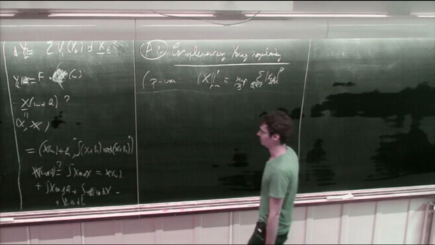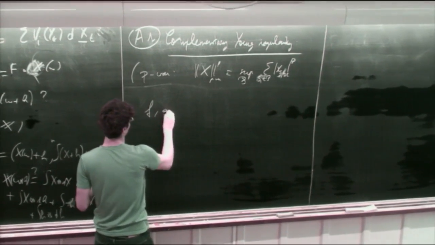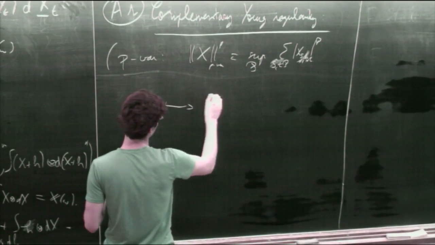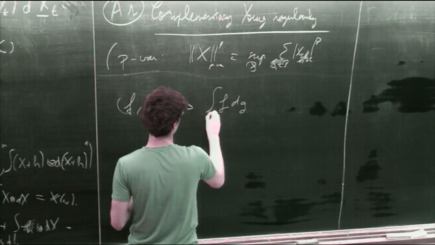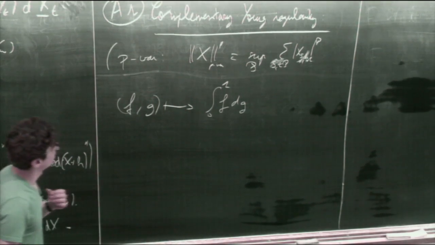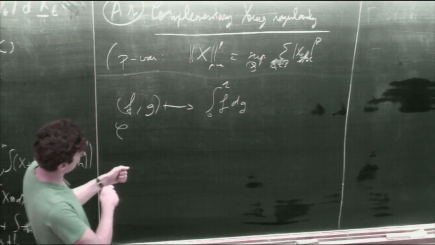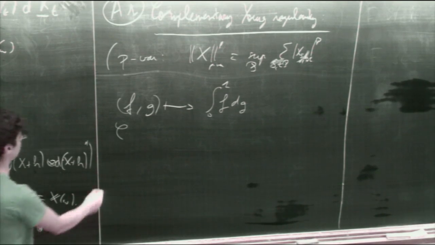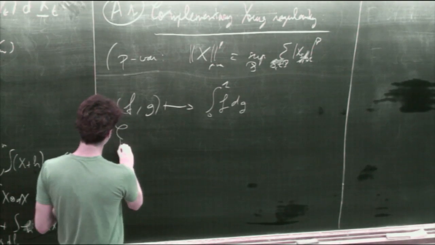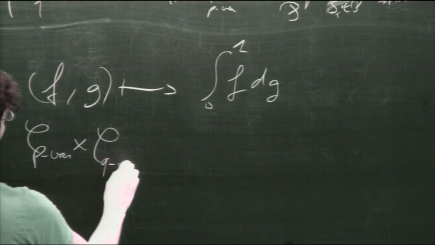Maybe Peter talked about this, but when you have f and g and you're trying to define the integral of f dg over 0 to 1, if you have Holder coefficients which add up to something strictly greater than 1, then this works. Also for p-variation you have basically the same condition.